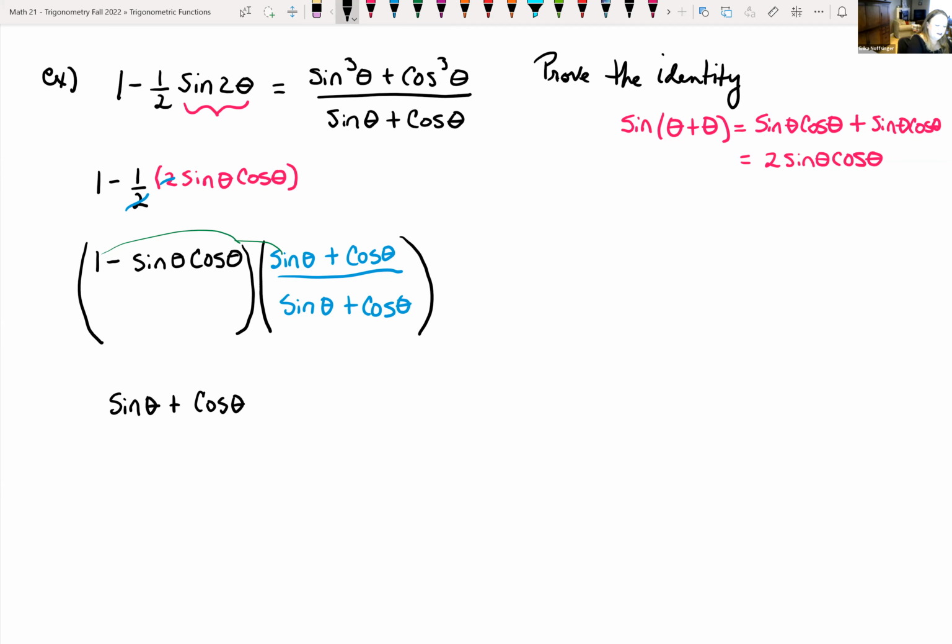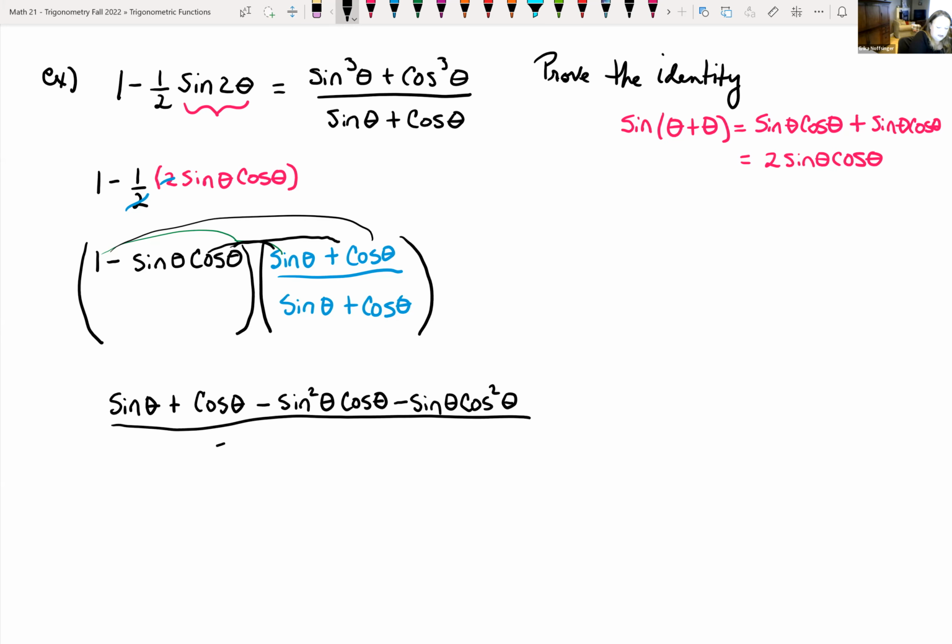Now distributing the sine theta cosine theta, it's minus sine squared theta cosine theta. Distributing negative sine theta cosine theta to cosine theta gives us minus sine theta cosine squared theta. And this is all over sine theta plus cosine theta.